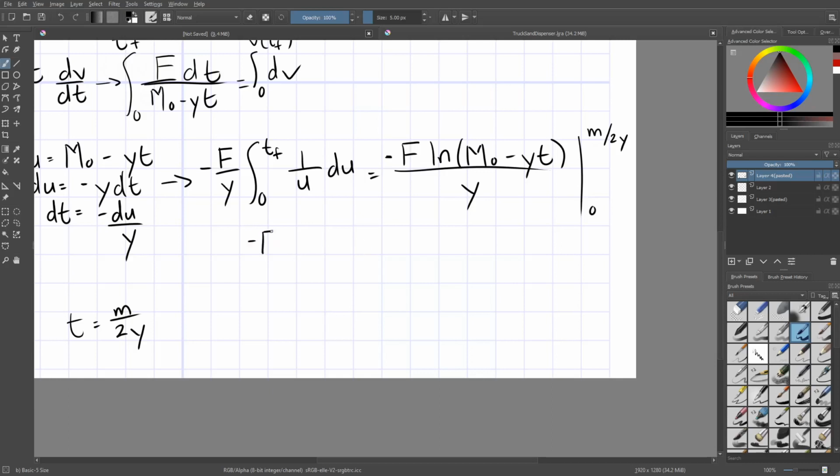This is negative F, natural log, m naught minus gamma times m over 2 gamma, which those will cancel, over gamma, minus a negative F over gamma times natural log of just m naught, because t here is 0.